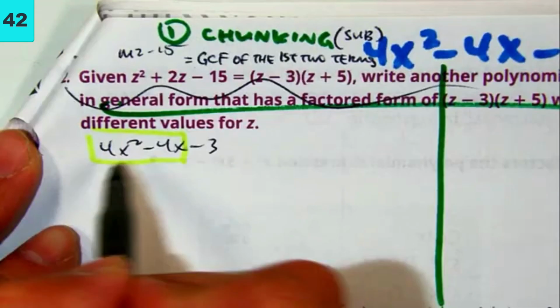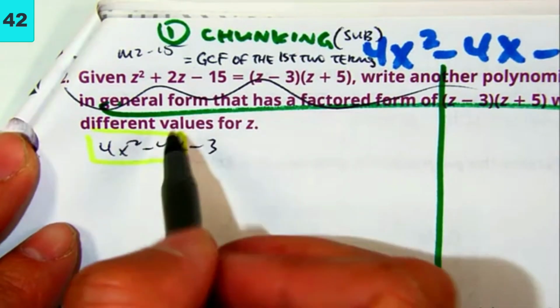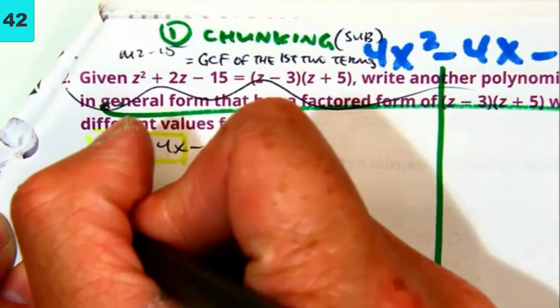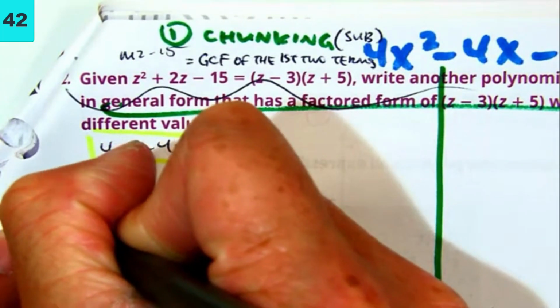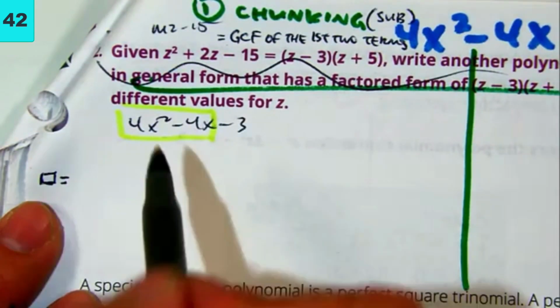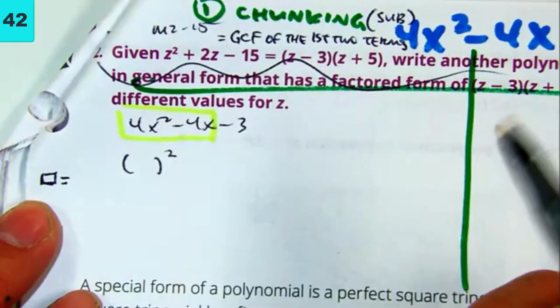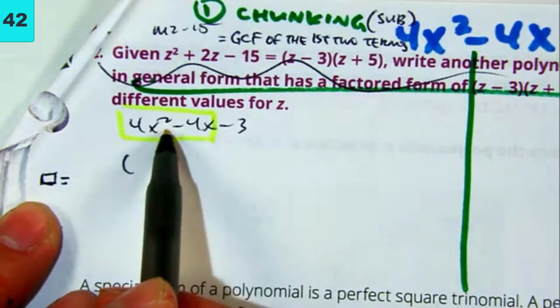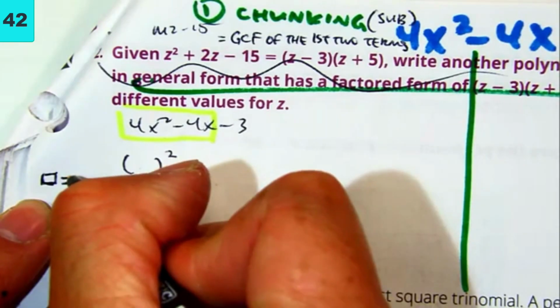Now be careful. If I look at these two, I recognize that yes, 4x is probably the greatest common factor. But what I need to do is think of a shape. My favorite shape is a square. And what I want to do is put something in here to get 4x squared. What do you think I can put in there? 2x.